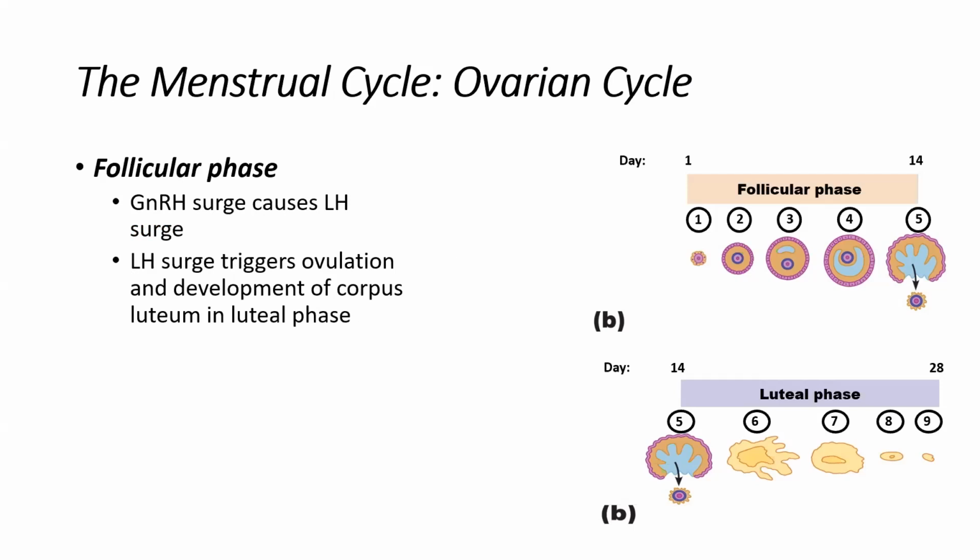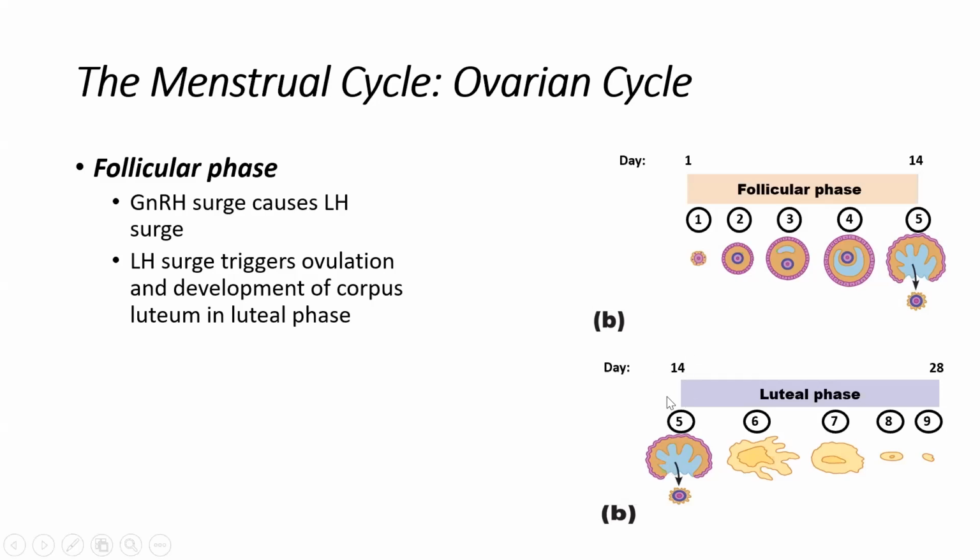This is under the influence of luteinizing hormone. Gonadotropin releasing hormone from the hypothalamus stimulates the anterior pituitary to secrete luteinizing hormone. Then luteinizing hormone has a sharp surge, which triggers the rupturing of this follicle and the formation of the corpus luteum.